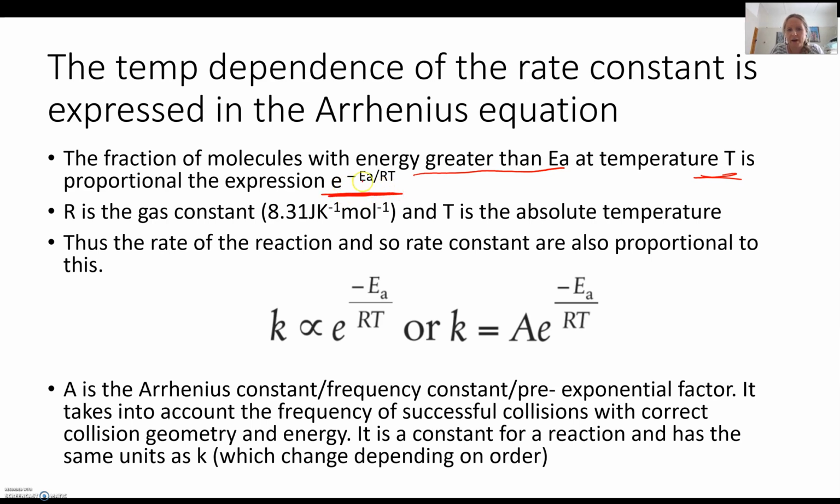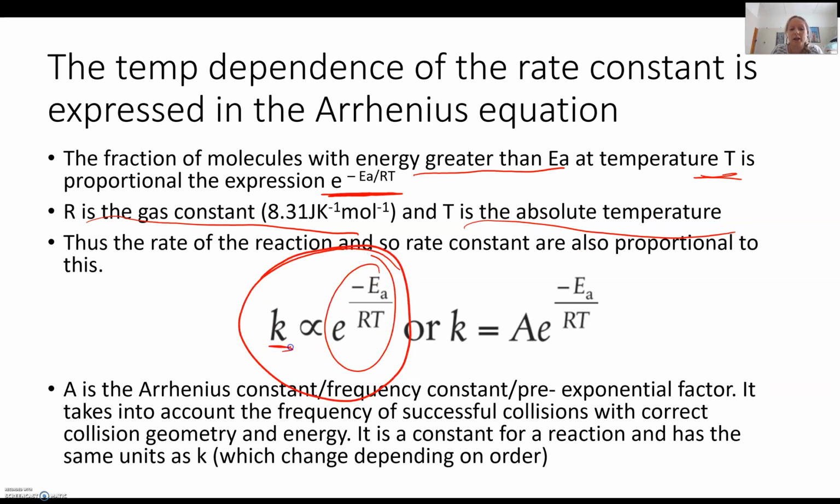Okay, so e to the power of negative activation energy over RT, where R is the gas constant given in your book and T is the absolute temperature. So what they're saying here is we can use this expression to work out our rate constant, and this is how they're intertwined. And you don't need to work out how this is derived. So therefore, yeah, that's the key thing.